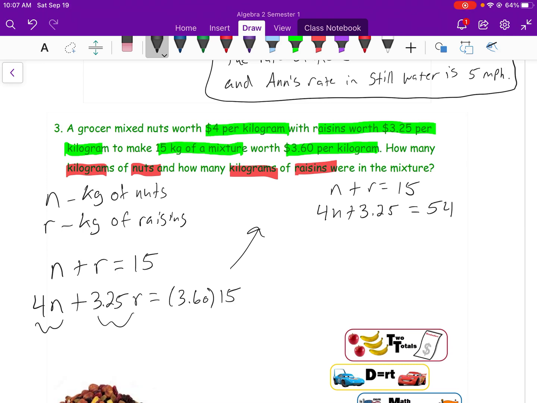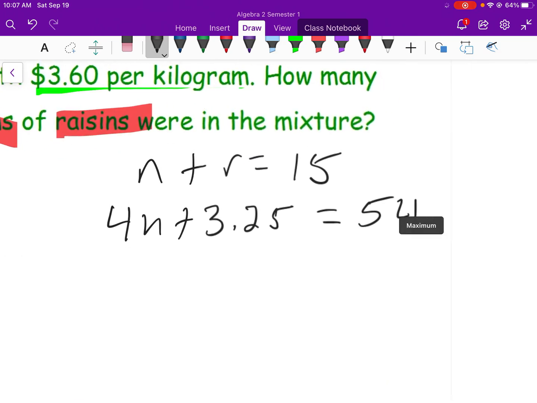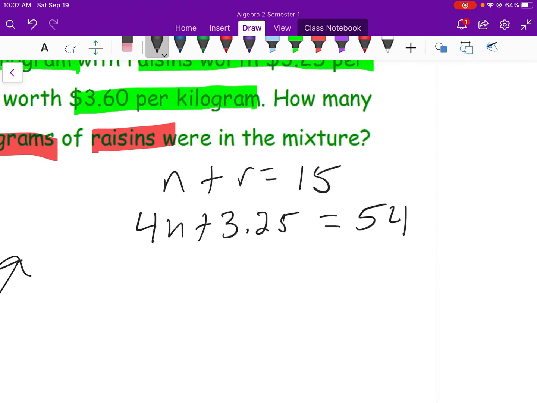Then from there, we need to determine a method to solve that system now. What I'm going to do is I'm going to use elimination, multiply this by 4. So then we get, I'll use blue for the next step, 4n plus 4r equals 60. Nothing to do with the second equation.